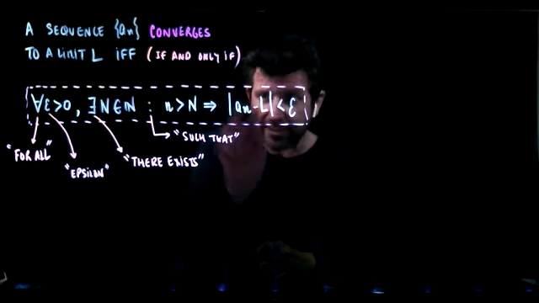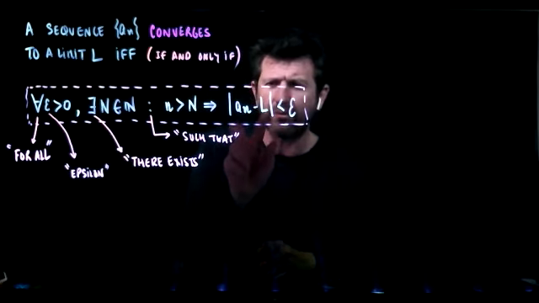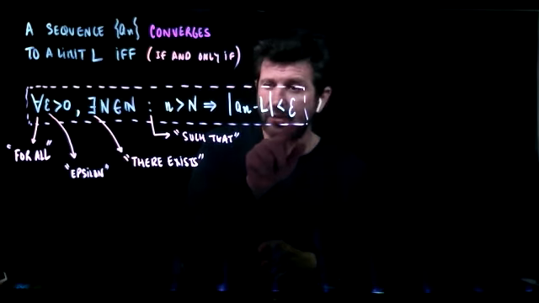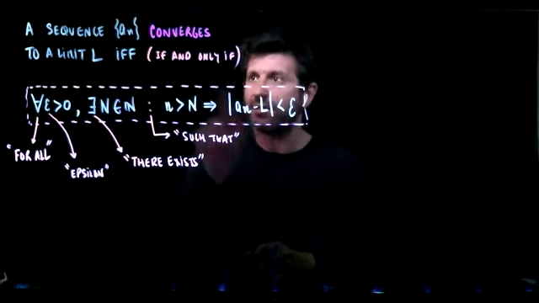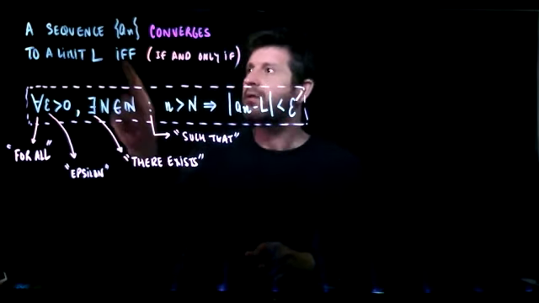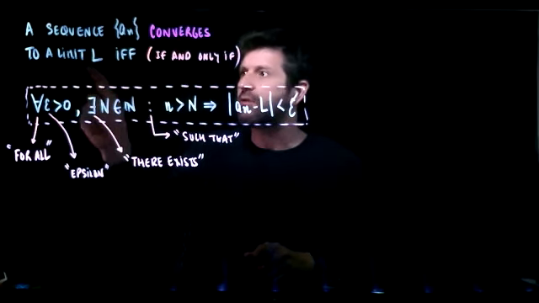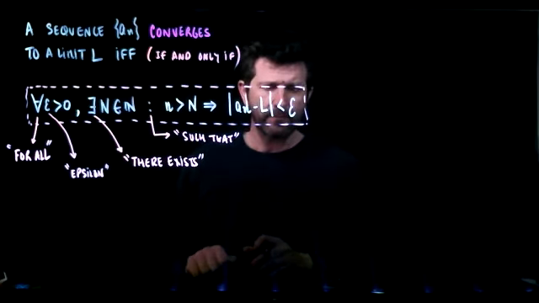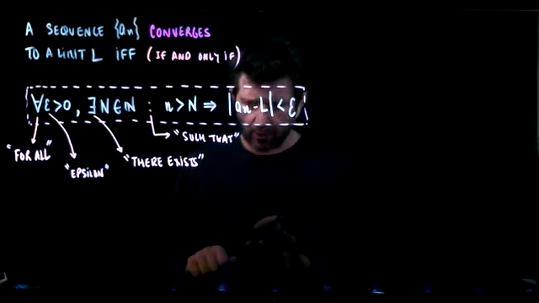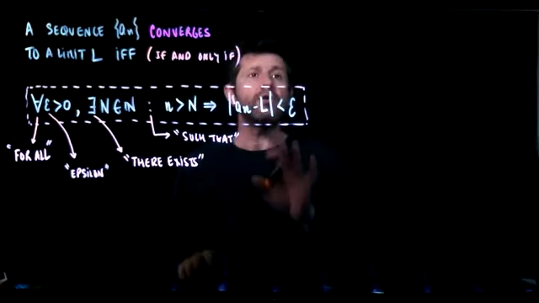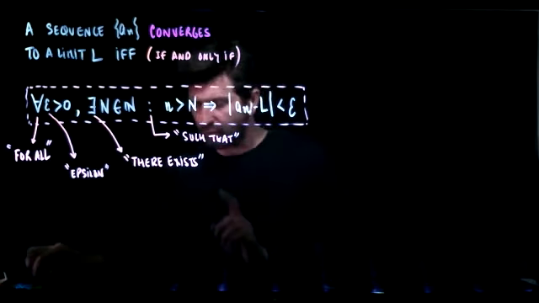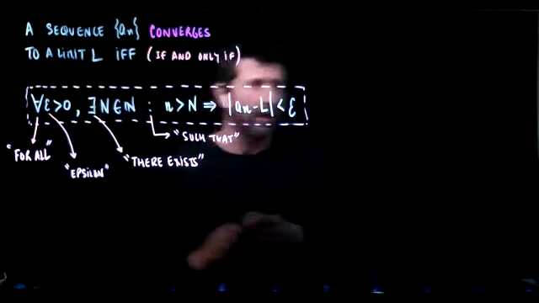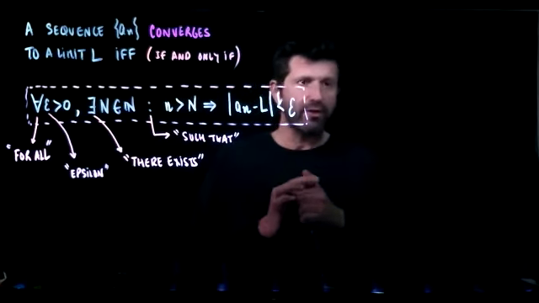The distance between the nth term and L is smaller than epsilon. Then we could say that this sequence converges to L. Okay, let's go to an example. Then I'm going to come back and re-explain the definition.